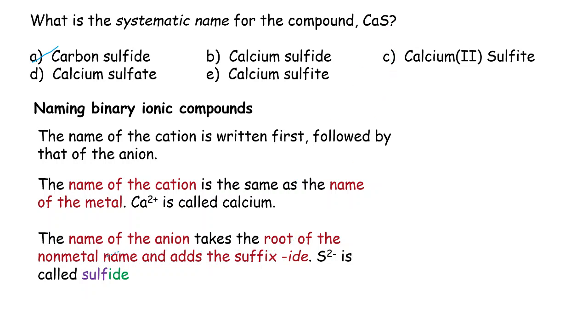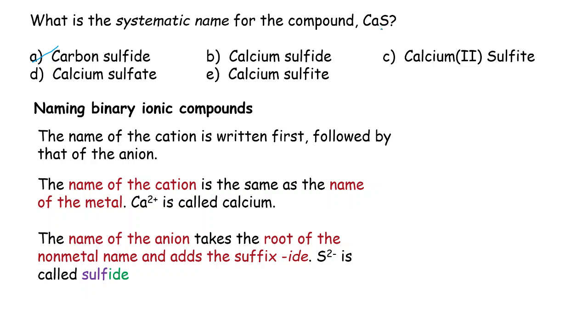The root for the name of sulfur is, of course, SULF. That's the root. And then plus the suffix IDE. You put them together, that's sulfide. So therefore, the correct name for the sulfur element is sulfide.